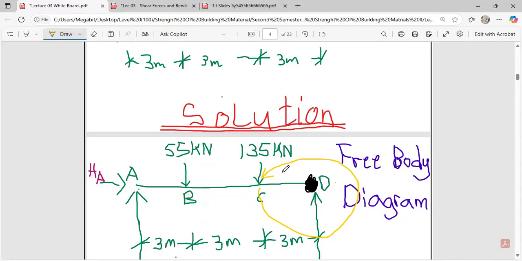But before that, what must we do? We have to go and write taking moment about D, before we can get certified.